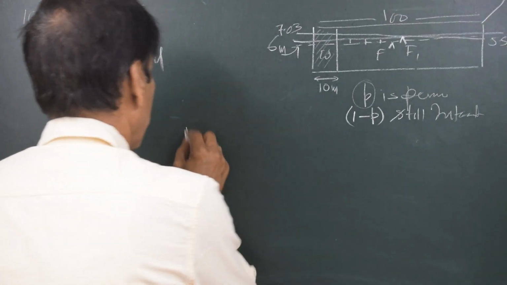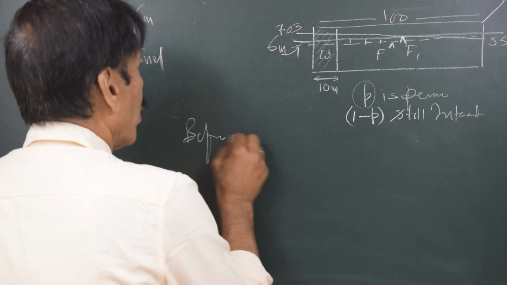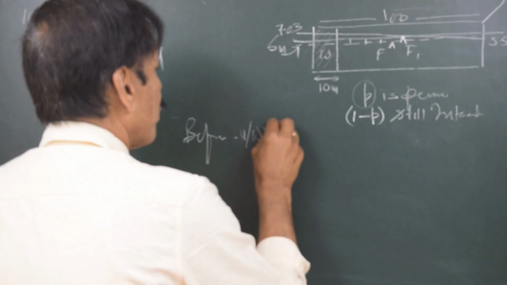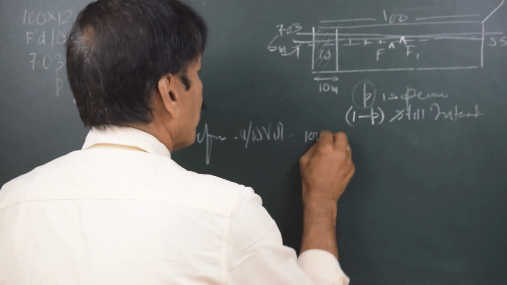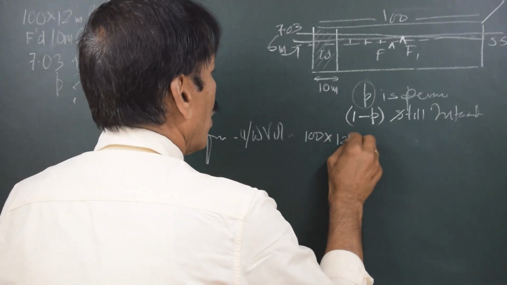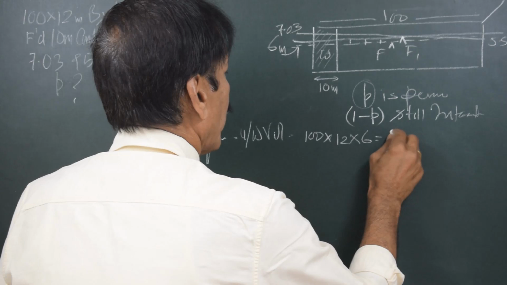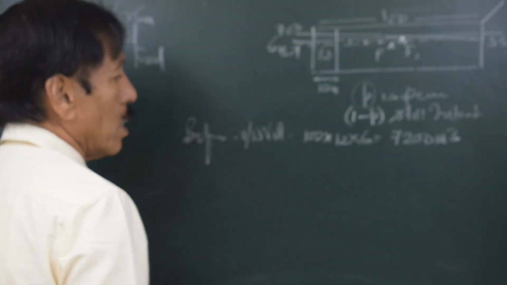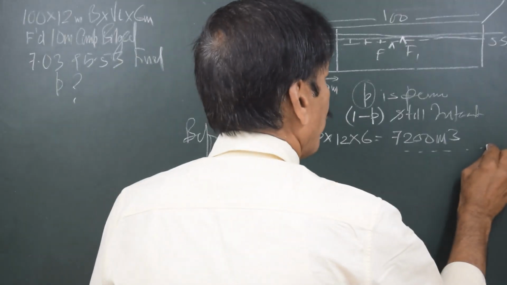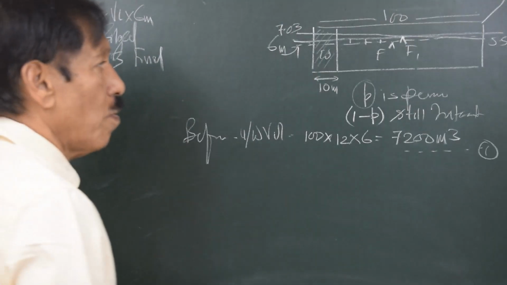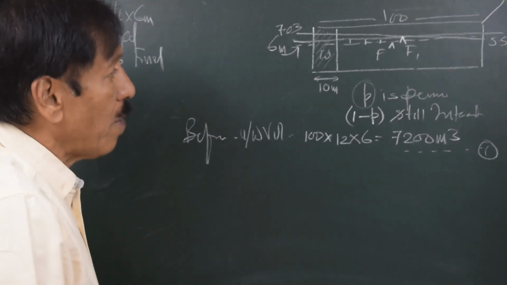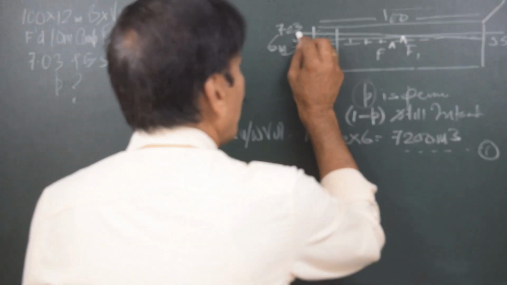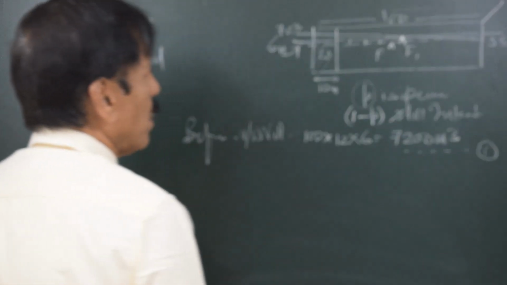Before damage, what was the underwater volume? That was 100 into 12 into 6, that is 7,200 meter cube. This was the underwater volume before damage. Now, after damage, we look at a water line that is 7.03 and 5.53.